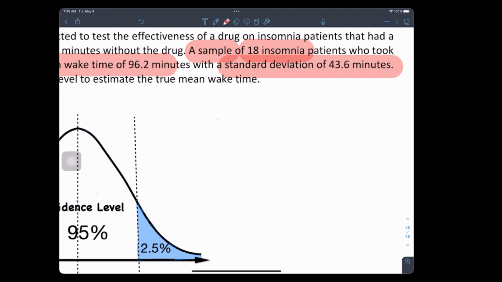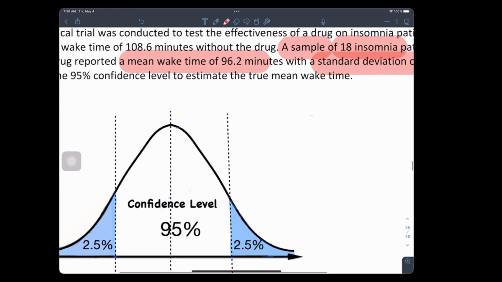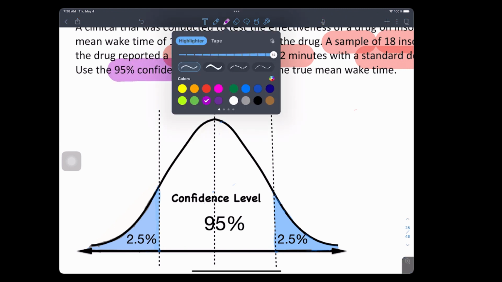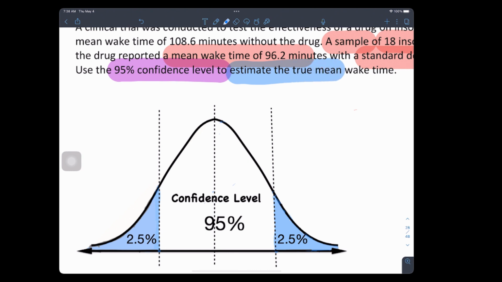That's sample information. And then they say to use a 95% confidence interval to estimate the true mean wake time.